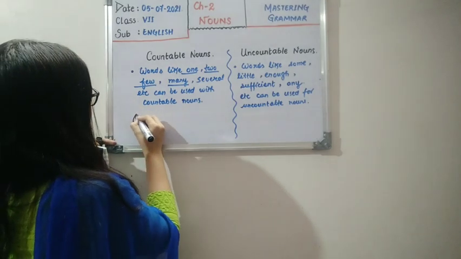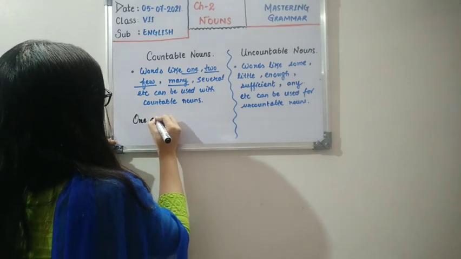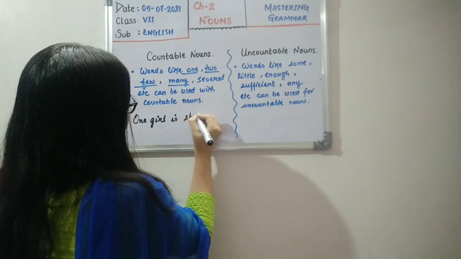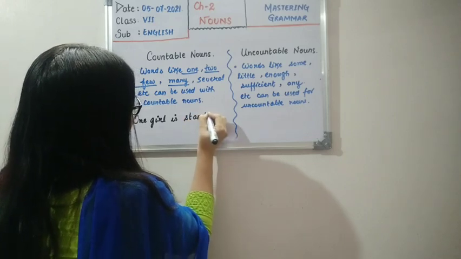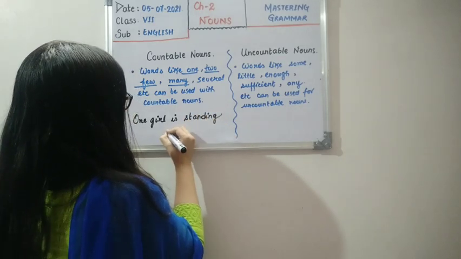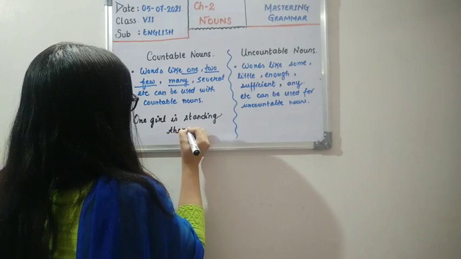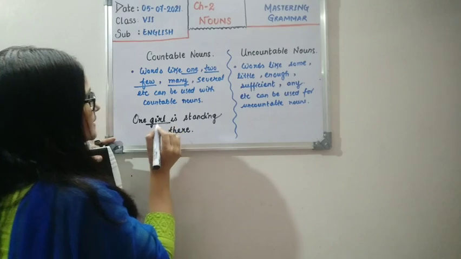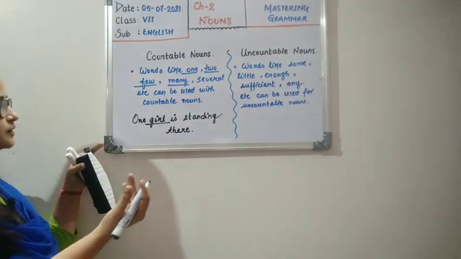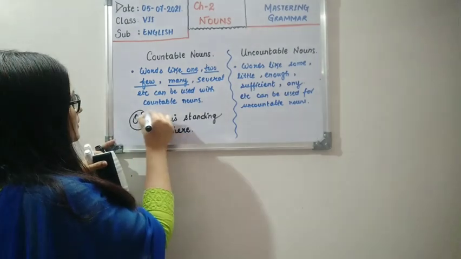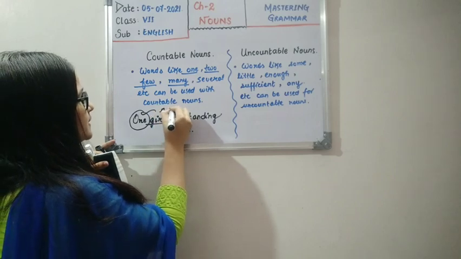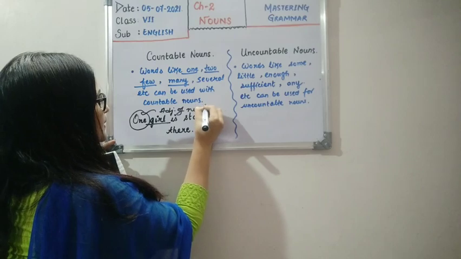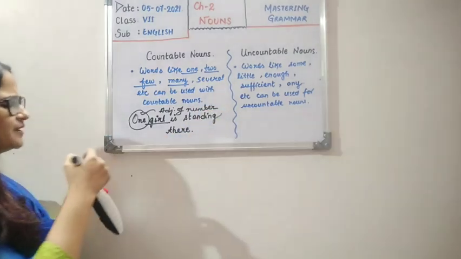Like, one girl is standing there. Okay children, do you see the noun here, girl? Girl is a countable noun because we can count girls. So here this term, adjective of number, is being used. Number means 1, 2, 3, which you can count.